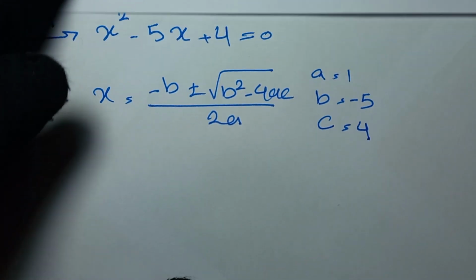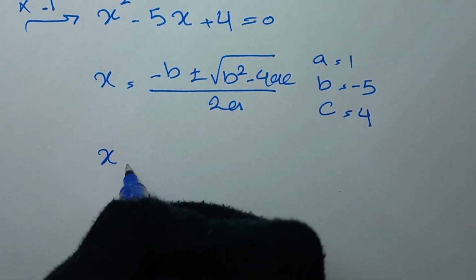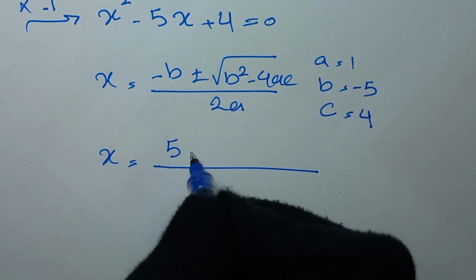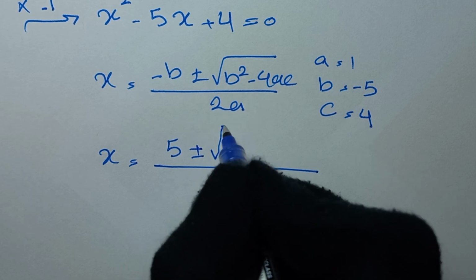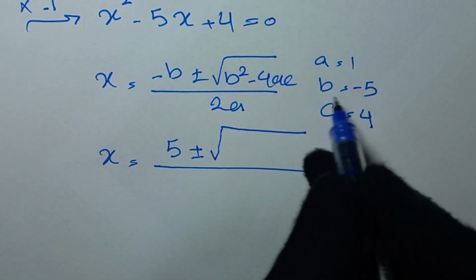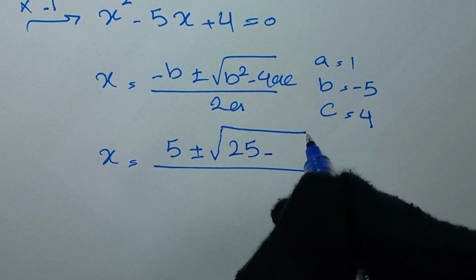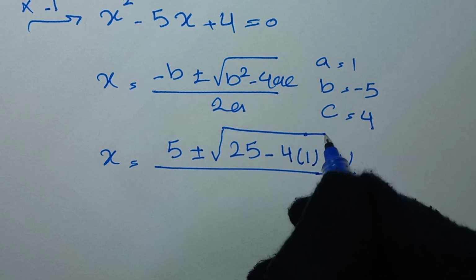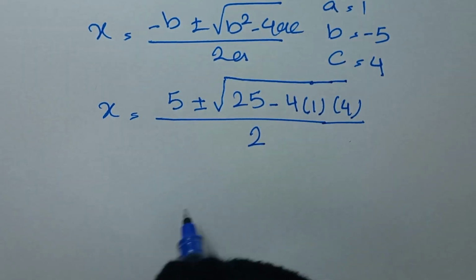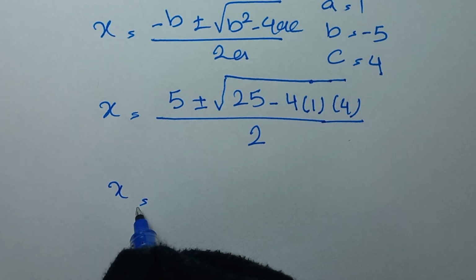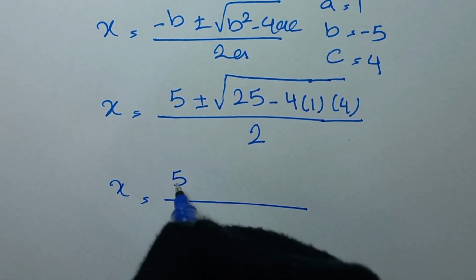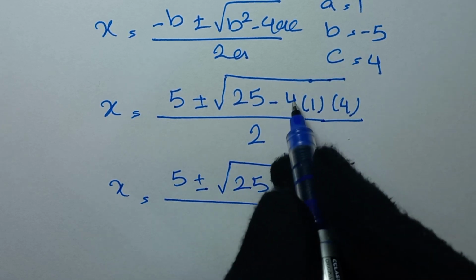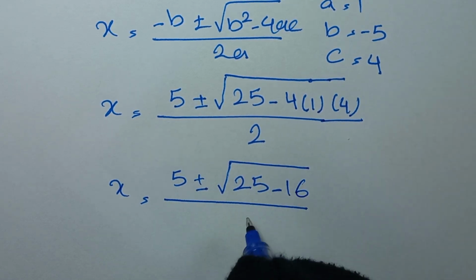So x is equal to negative b. Negative 5 is positive 5 plus or minus square root of b squared, negative 5 squared is 25, and minus 4ac. 4 times a is 1, and c is 4, over 2a. 2a is 2, and x is equal to 5 plus or minus square root of 25 minus 4 times 1 times 4, it will be 16, over 2.